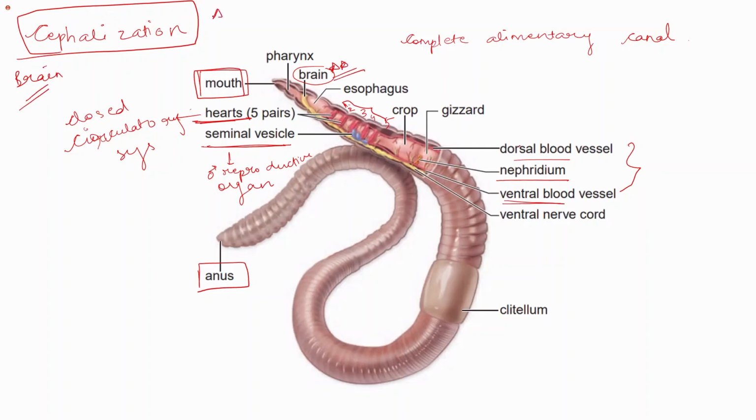So this is important, that they have a brain and they have a ventral nerve cord as a part of their nervous system. We will discuss all these systems in detail one by one. From this we can just have an idea about the organ system level of organization, where now different organs are forming an organ system and together they are helping in the proper functioning of the body.